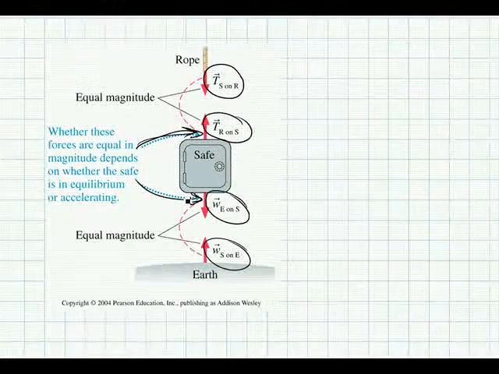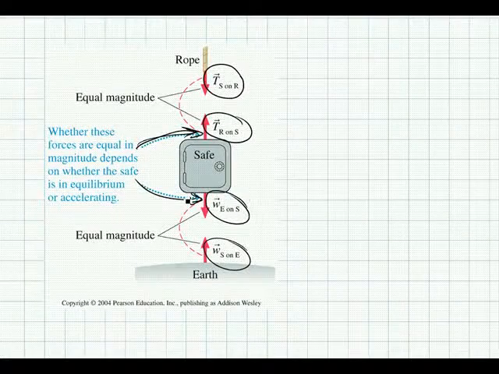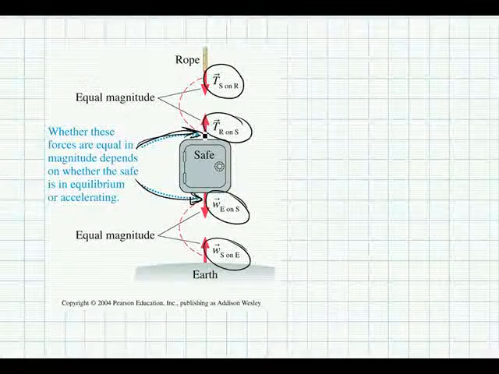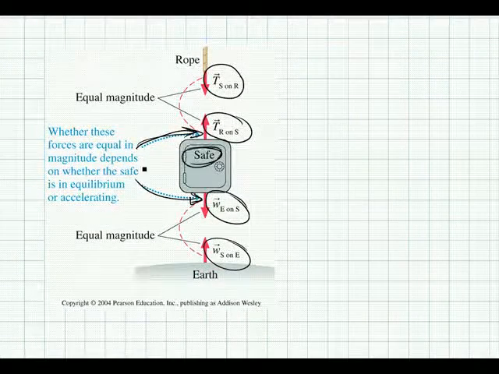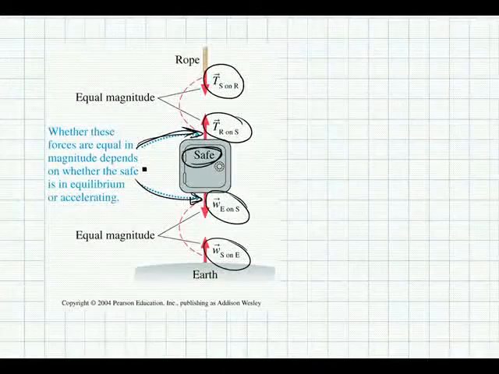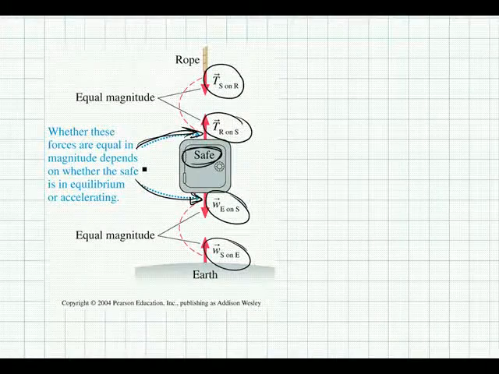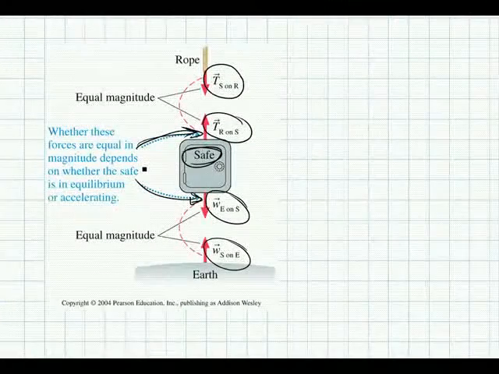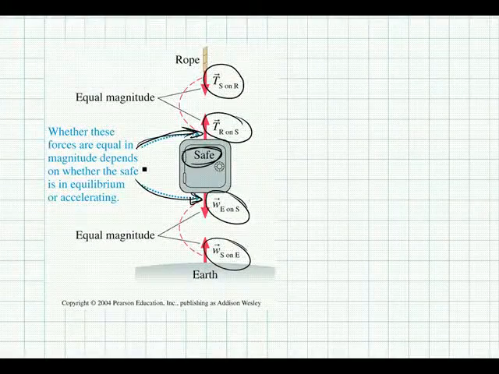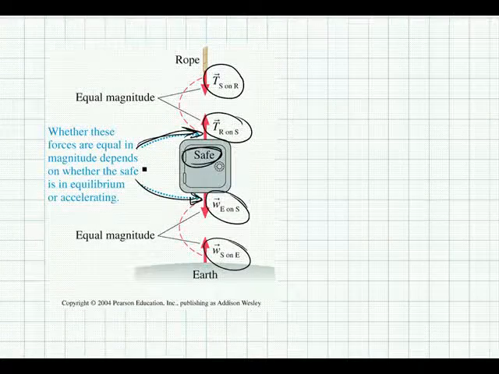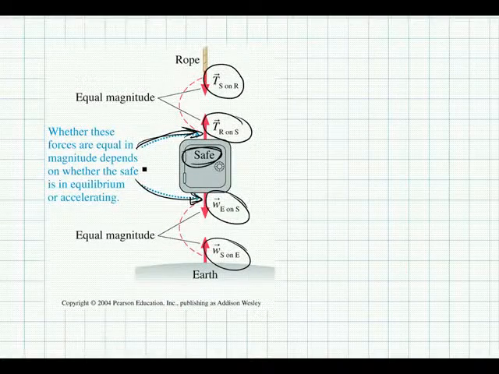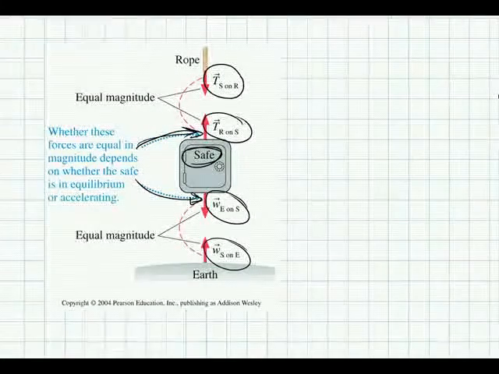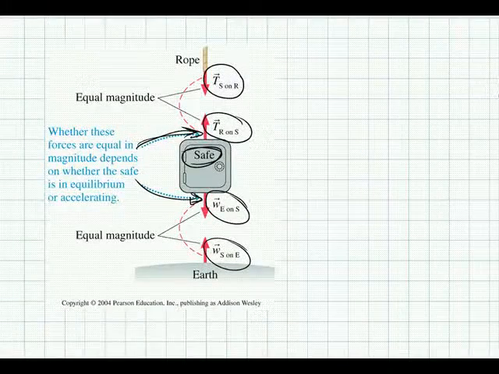Please remember that. Also, the acid test, of course, is that these two forces both act on the safe, so they fall on this free body diagram for the safe. And as we discussed before, action-reaction pairs never exist on the same free body diagram. They always are on different free body diagrams. So just because two forces are equal in magnitude and opposite in direction, don't mistake them to form an action-reaction pair.